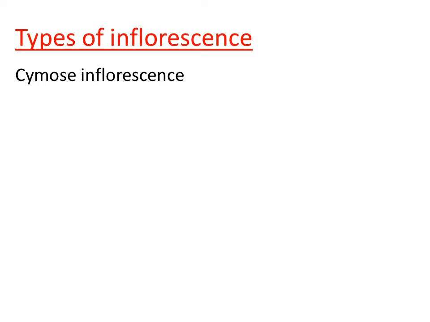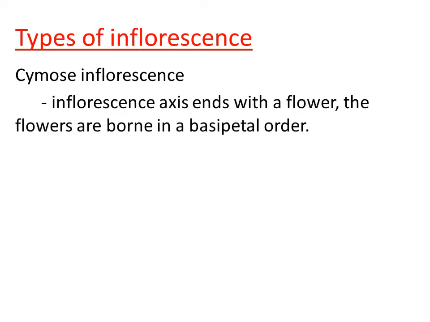Right? So there is no chance of formation of new flowers at the tip region because the inflorescence axis itself ends with a flower. Then how does new flower formation take place in this case? New flowers will form from the base of the inflorescence axis.